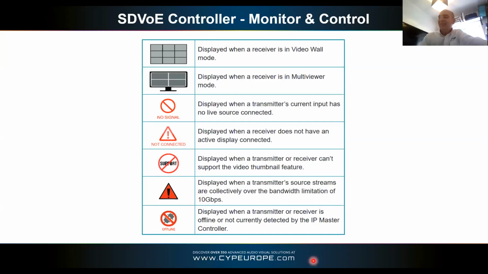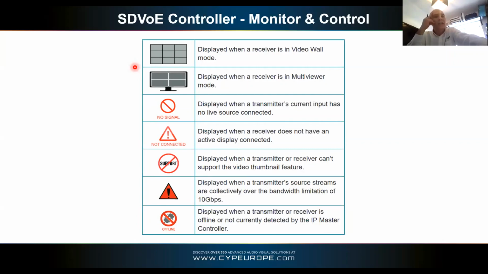They are. Okay, so just to quickly run through some of the icons that you're seeing there. You've got a symbol for video wall, and a symbol for multi-view. This is because when you've got the live screen grabs, you can't show a live screen grab of a video wall or a multi-view in the same way you can for a normal transmission stream.